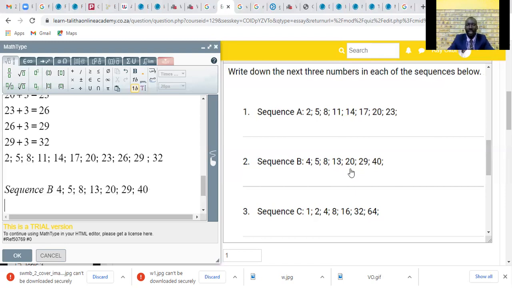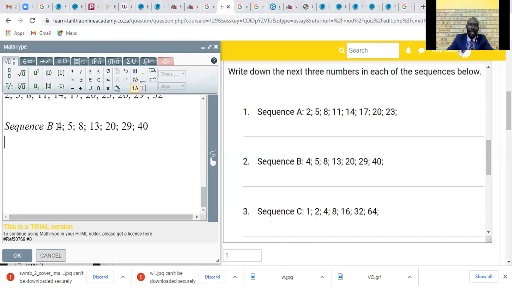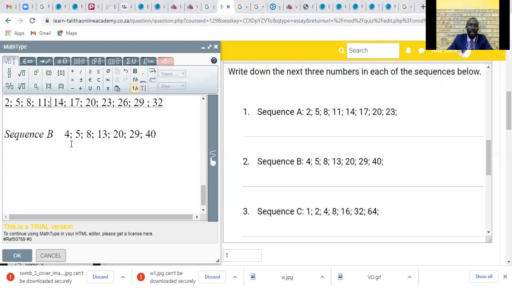Now, how do we get the next 3 numbers for this sequence? That is the big question. How do we get the next 3 numbers? We check the first number. The first number is 4. Now, what we want to do here is, the next number is 5. So here is the question.